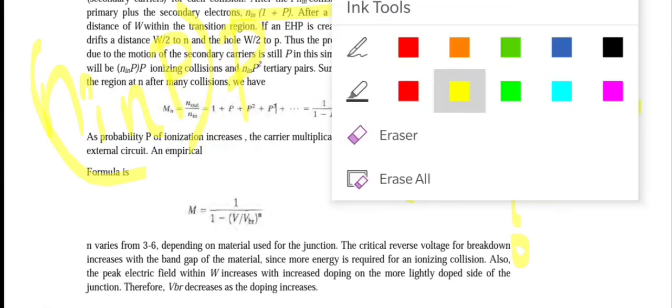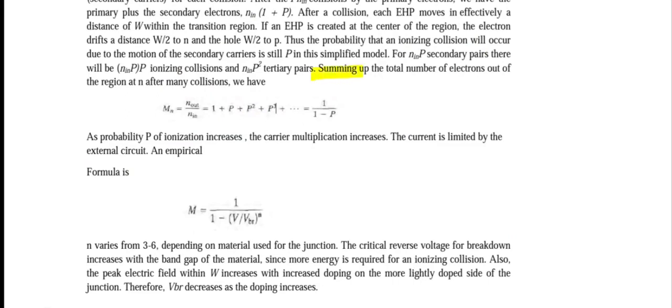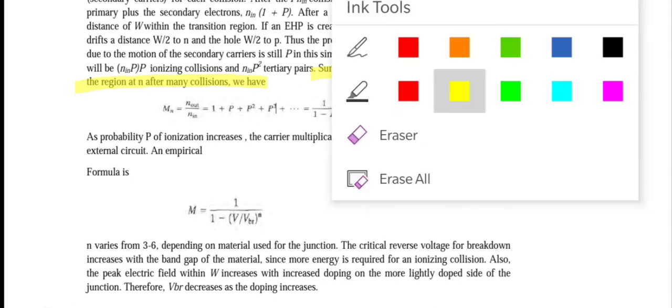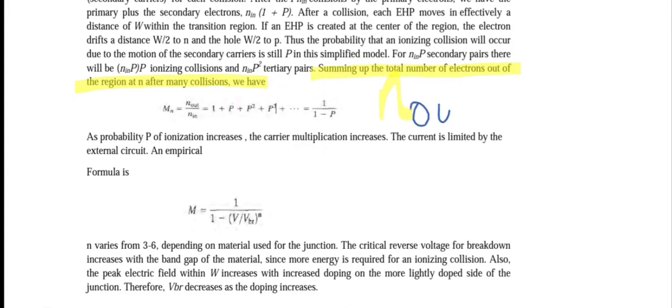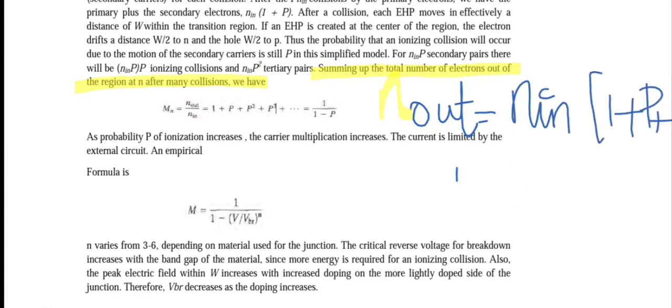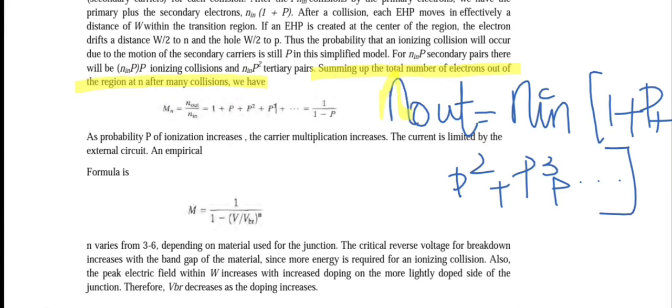Summing up all these things, the total number of electrons out of the region at N after many collisions, we can write as n_out = n_in × (1 + P + P² + P³ + etc.).